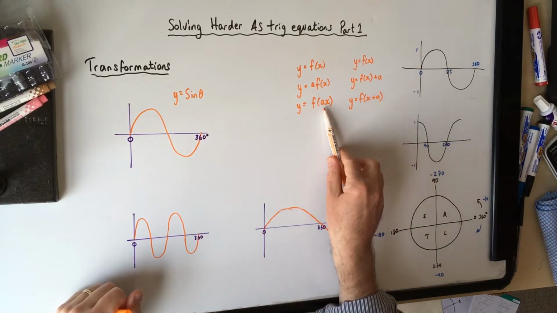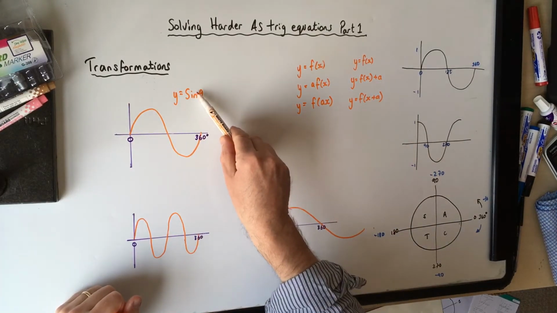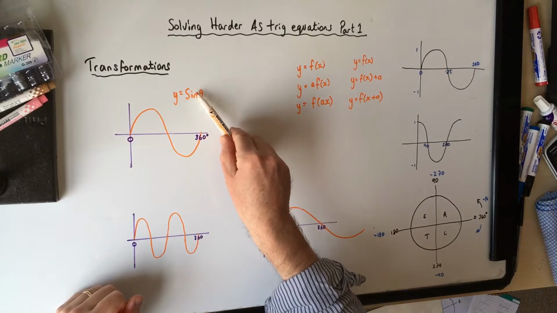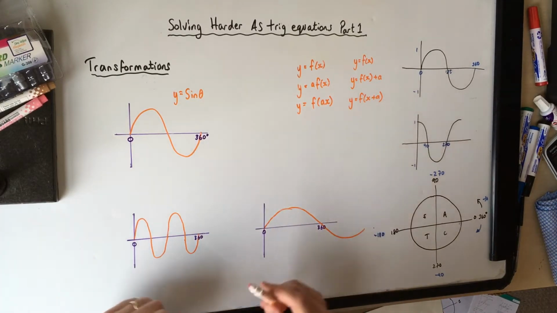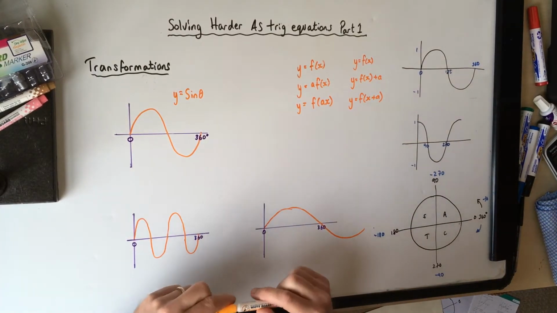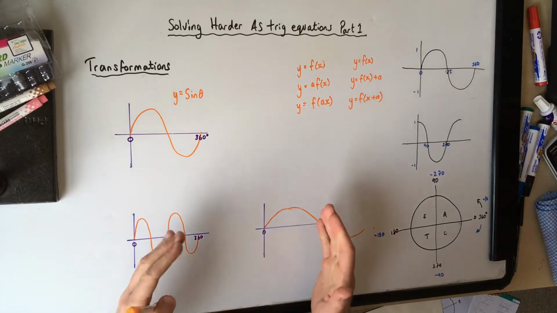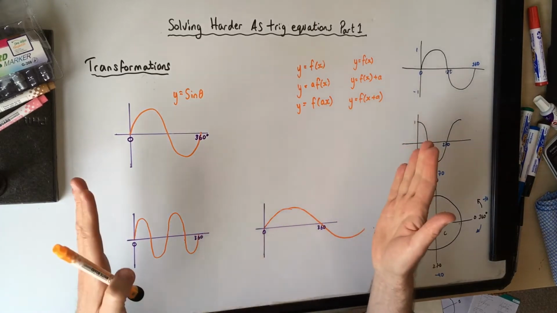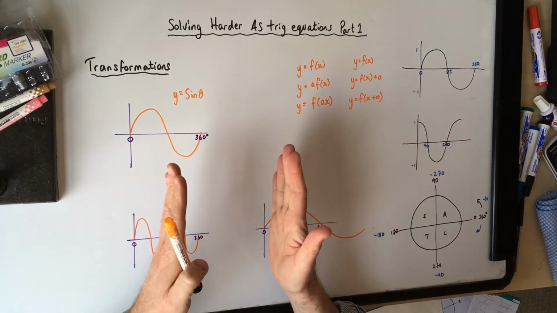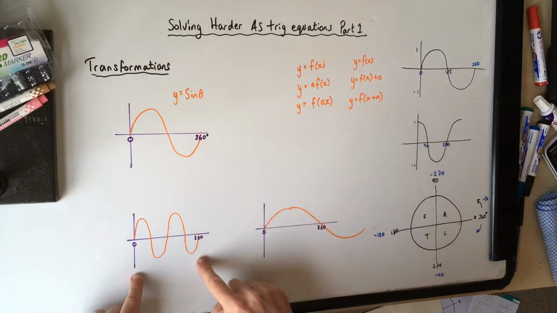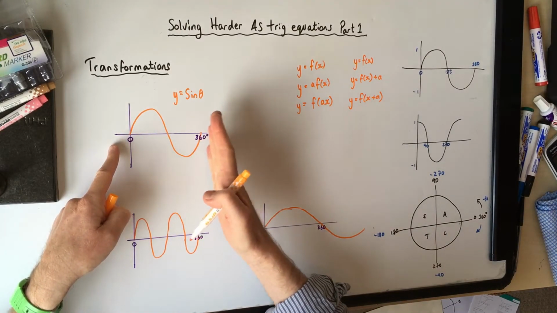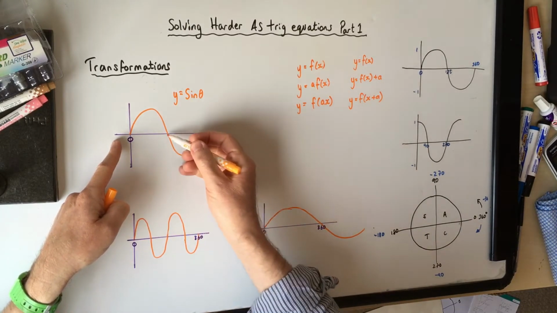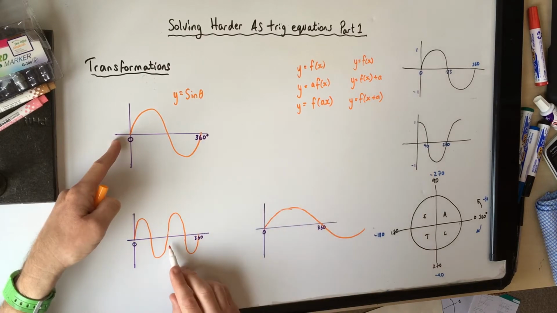But if we actually put a number here in front of the x, or the theta in this case, that's also a stretch, but it does the stretch the opposite of what you think. So if we put a 2 in here, it actually squashes it. So this wave has been squashed into 180 degrees, as it is here.